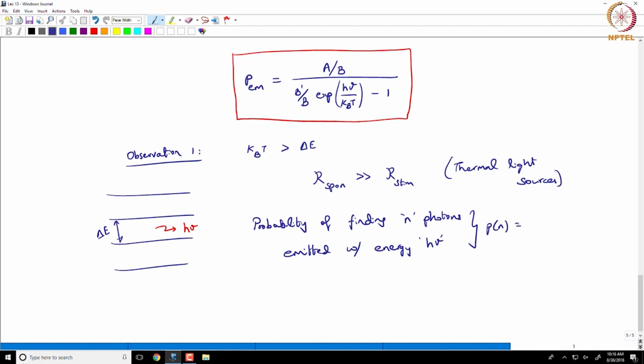But as far as spontaneous emission is concerned, each of those emission events is actually an independent event. Okay, one is not dependent on the other.